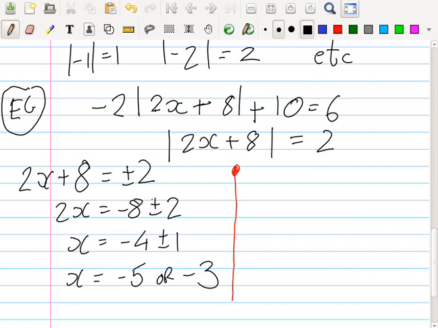And the key here is by recognizing that the only way the absolute of something could be 2 is if the inside here is plus or minus 2. Minus 4 minus 1 is minus 5, and minus 4 plus 1 is minus 3.